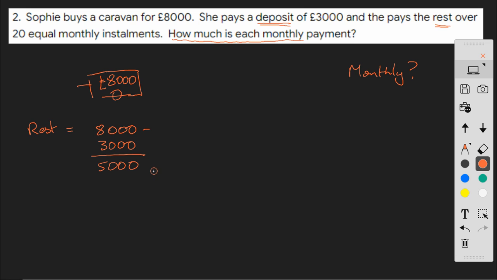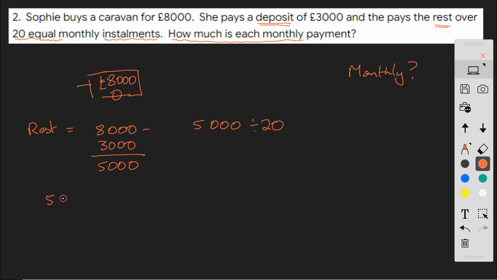So that's 5,000, and that's paid over 20 equal monthly instalments. So 5,000 spread over 20, 5,000 divided by 20. Now I'm not going to do that on the calculator.